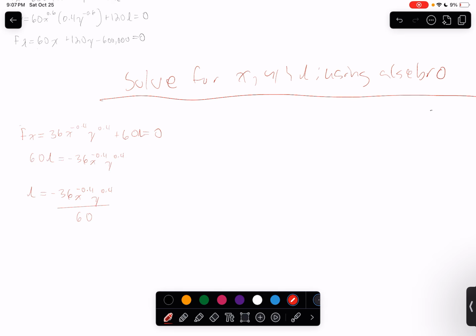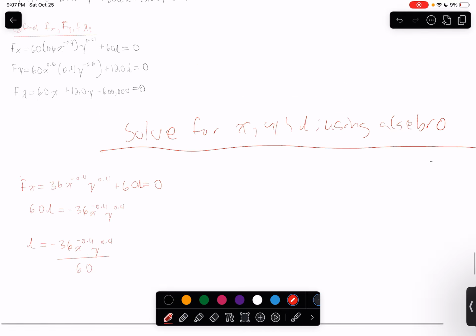All right, we're going to do the same thing for fy. Okay, so when we multiplied 0.4 times 60, we have a value of 24. When we multiply these two, we have the value of 24.